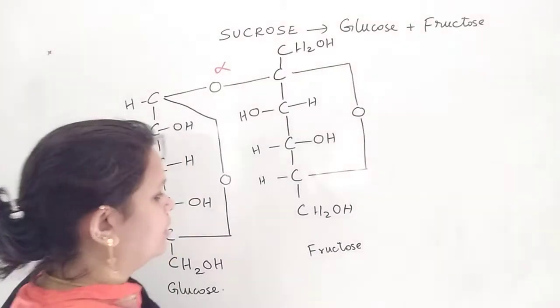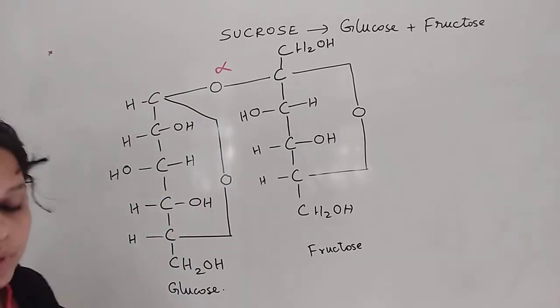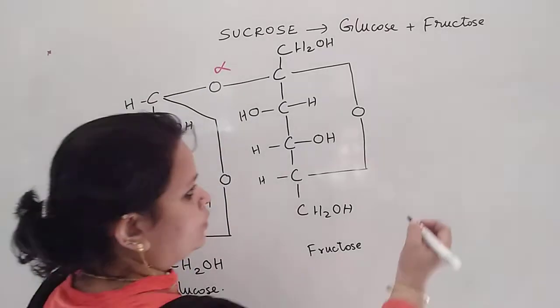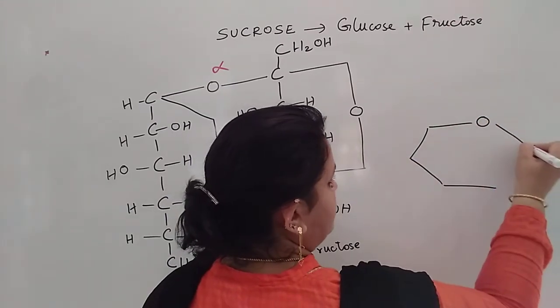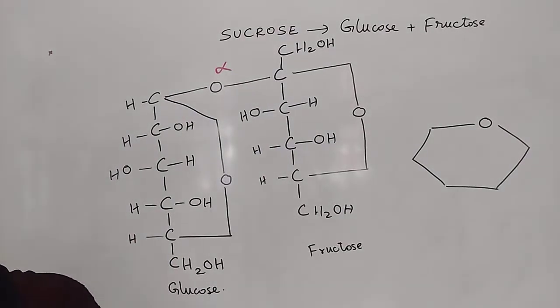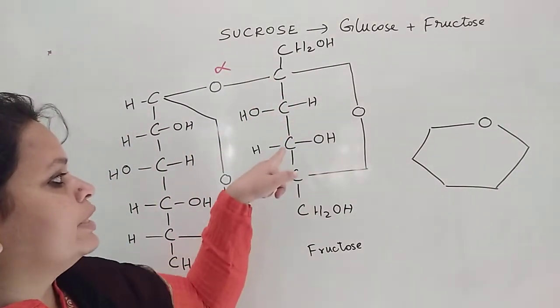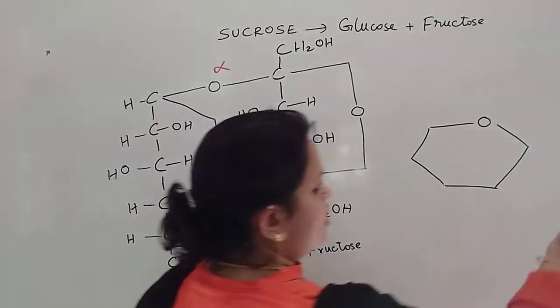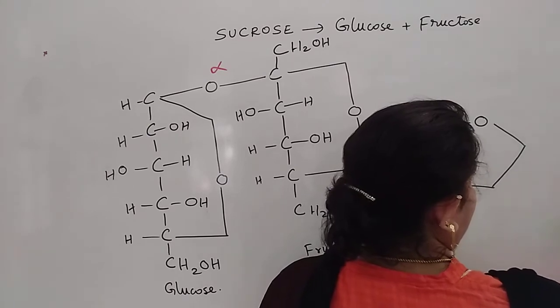We can say that this is a 6-membered ring, 1, 2, 3, 4, 5 and 6 with oxygen included, and such rings are known as the pyranose ring structure. So we have the glucose, that is a pyranose ring structure. Now this is 1, 2, 3, 4 and 5, which has a furanose ring.